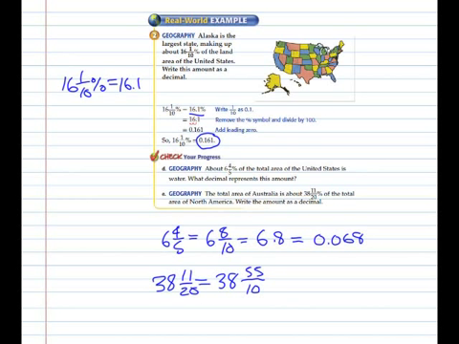Gives me 55 over 100, which gives me 38.55 as a percent. And then dividing by 100 means 0.3855 as a decimal.